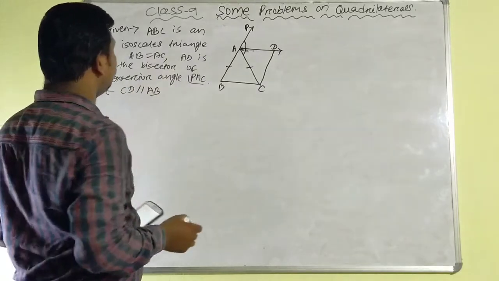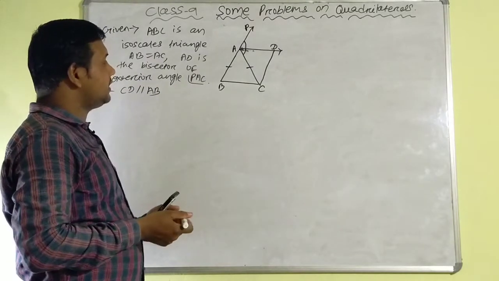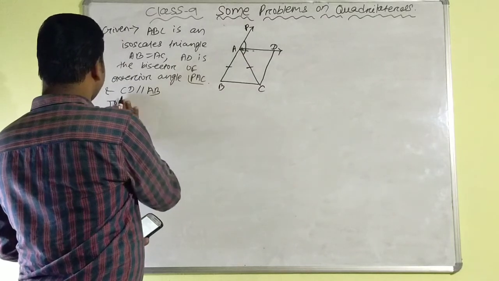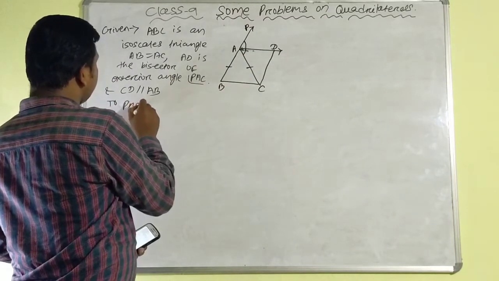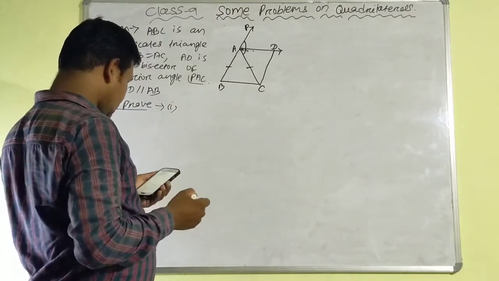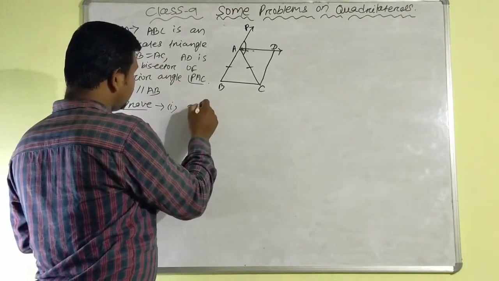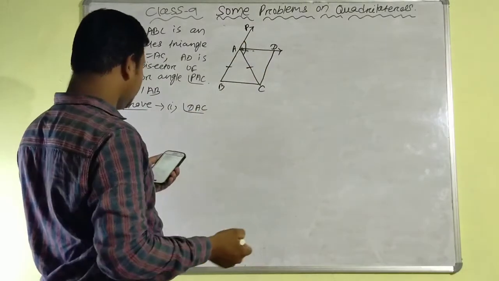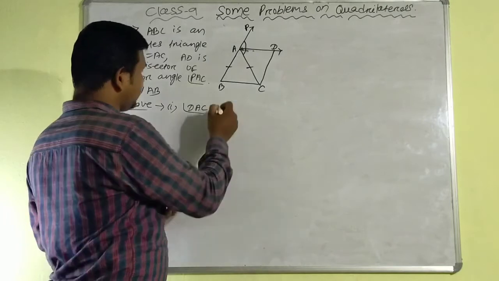Okay, then we have to prove bit 1, angle DAC equal to angle ACD.